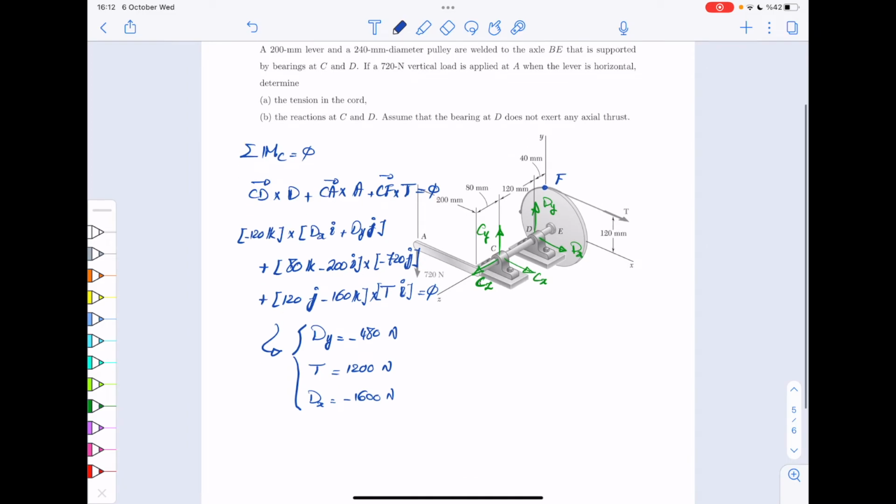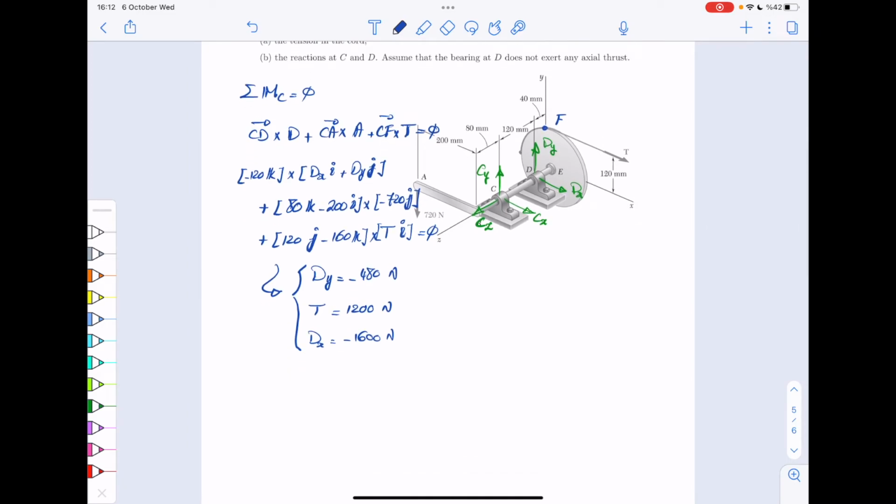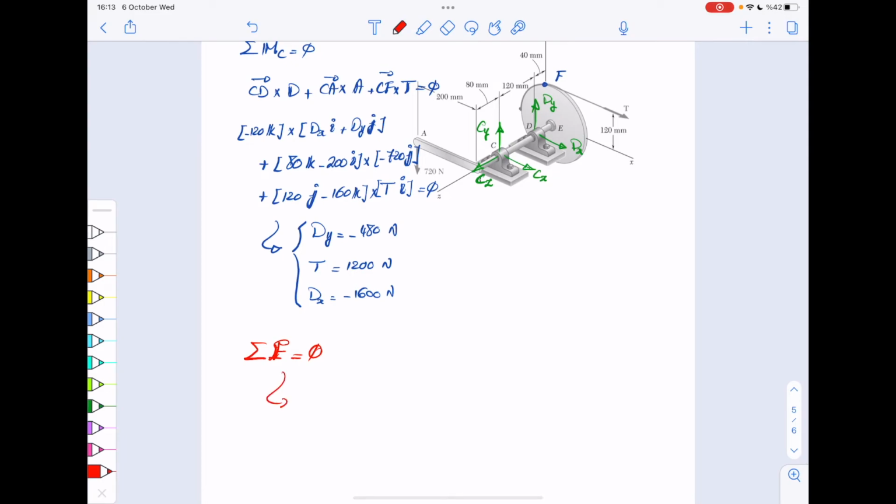All right? Now that you have the sum of moments with respect to C, the next thing you want to do is to just write the equilibrium of forces and find the remaining unknowns, right? So that's pretty simple. So basically, you would have the forces C plus D plus T as a vector, and then you would have this 720 downwards in J. So this must be 0.